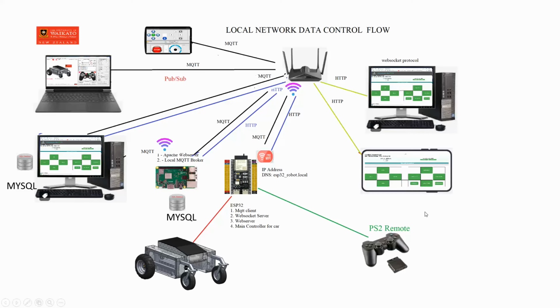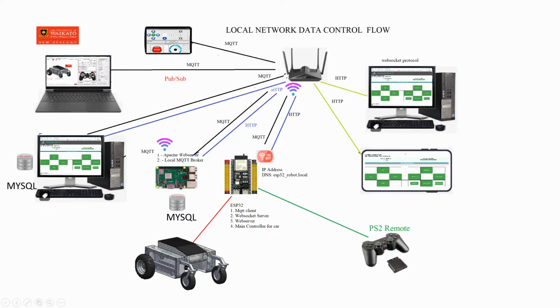Okay, we have a local area network data flow chart like this. According to the design, the robot Raspberry Pi runs as a web server, and it also has a MySQL database inside.